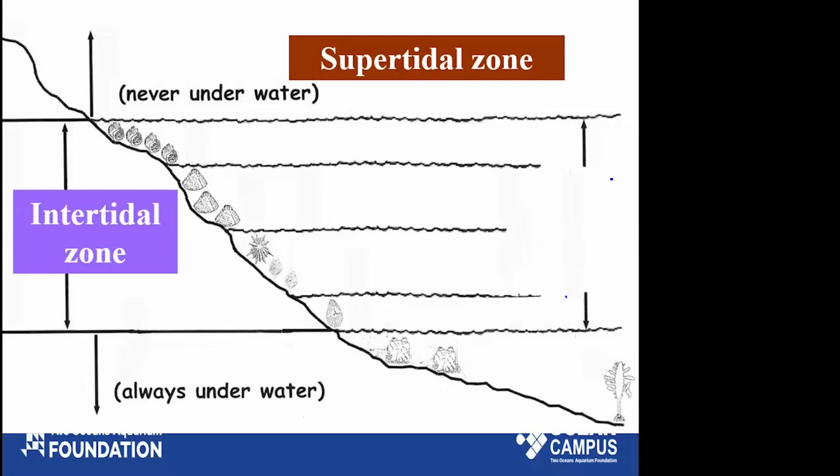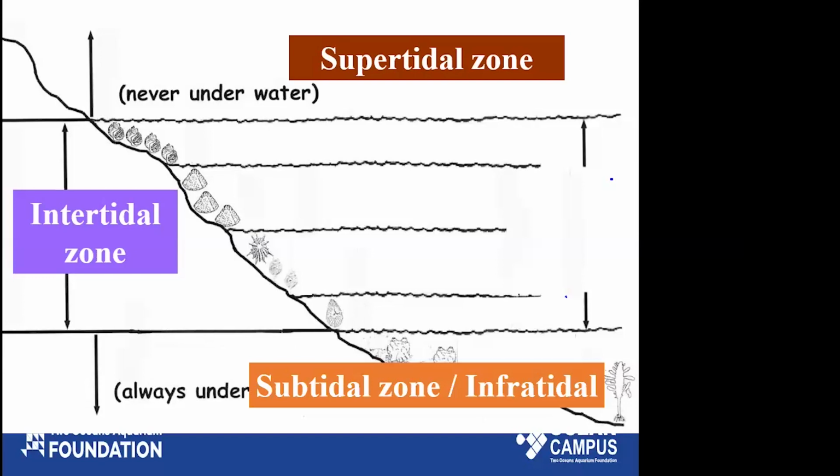Between the tides, so between the high tide mark and the low tide mark, that's the intertidal zone. And then below the lowest point that the low tide goes to, that is the subtidal zone. And you find very similar organisms that you find in this area in the rock pools as well, because it's a similar kind of environment as well.